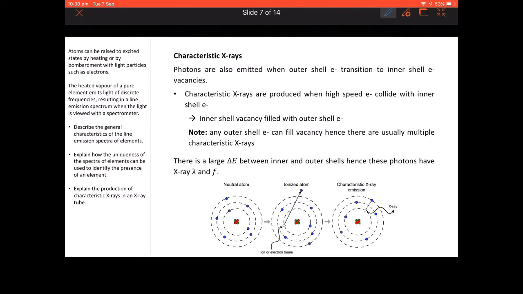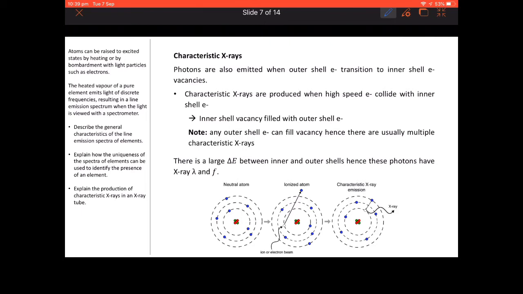If a vacancy appears in a lower level, then a higher level electron can fill that vacancy. Characteristic X-rays are produced when high-speed external electrons are fired into an atom and collide with the inner shell electrons, and this displaces that inner shell electron.